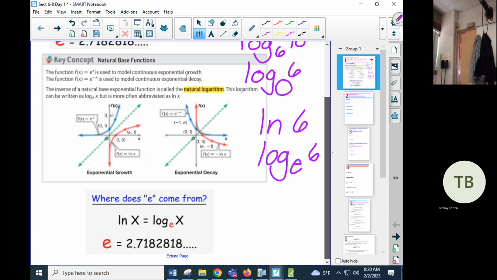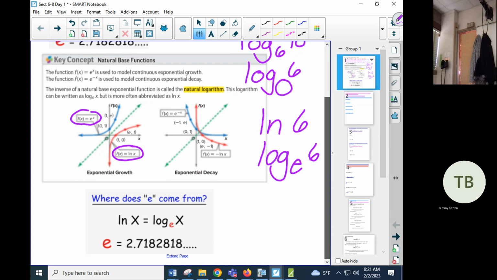Now, when you notice here, this is the graph of e to the x power, e being Euler's number. And this is the graph of natural log of x, and they're inverses of one another. And what that means is, like, if I draw the line y equals x, we did this a little bit this year, and you folded the graph in half, e to the x and natural log of x would match onto one another.